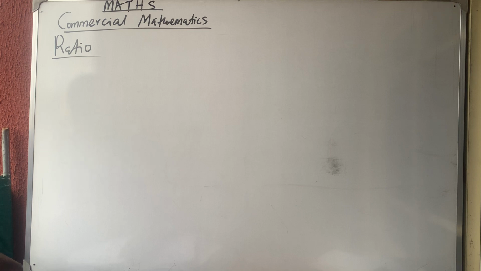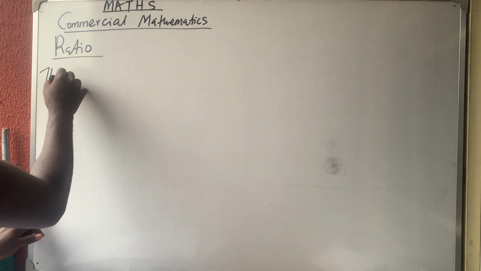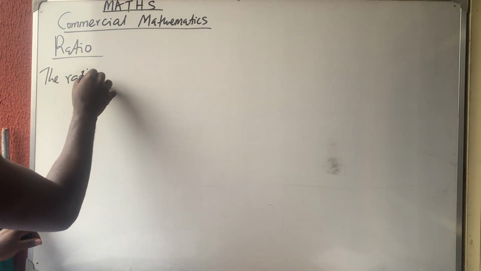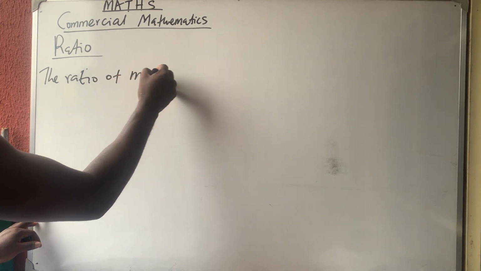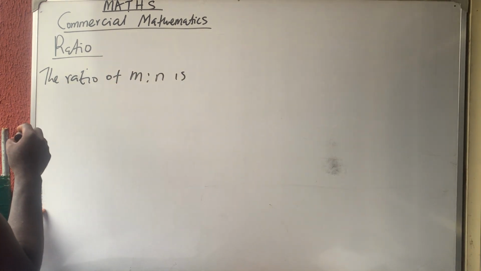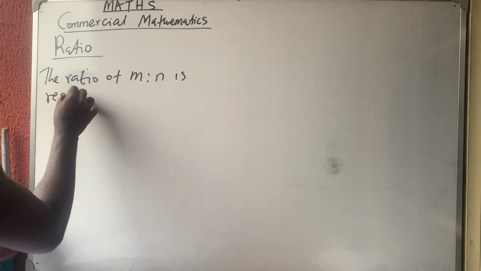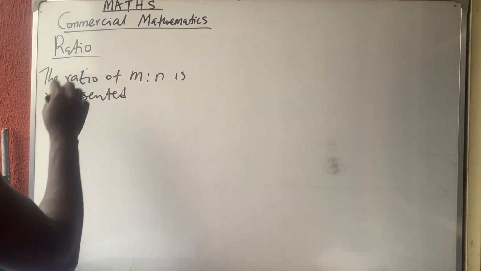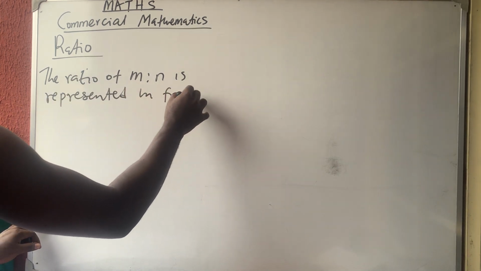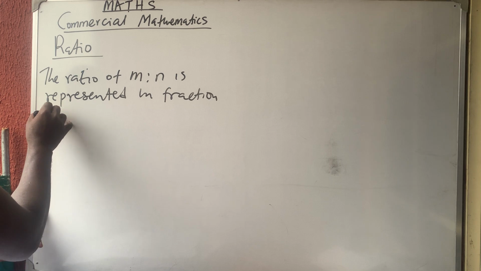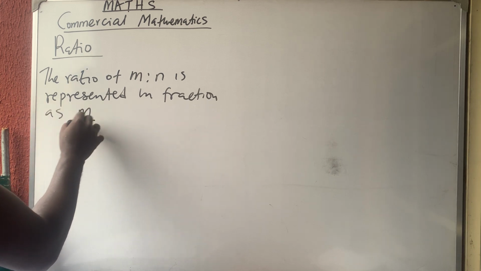Ratio is the act of comparing like quantities such as weight, length, money, etc. The ratio of m is to n is represented in fraction as m over n.